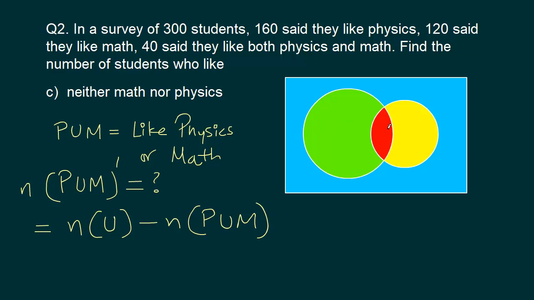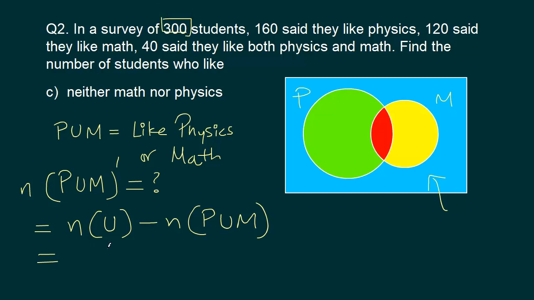So yellow, red, green, red, yellow represents the union of physics and math, and the blue represents the complement, right? So we are trying to find out the number of elements in the blue set. So how many students are there total? 300.